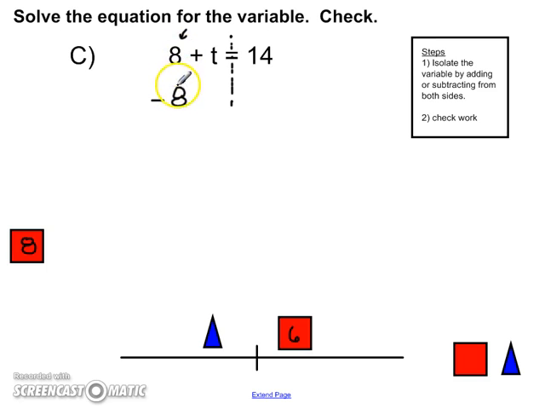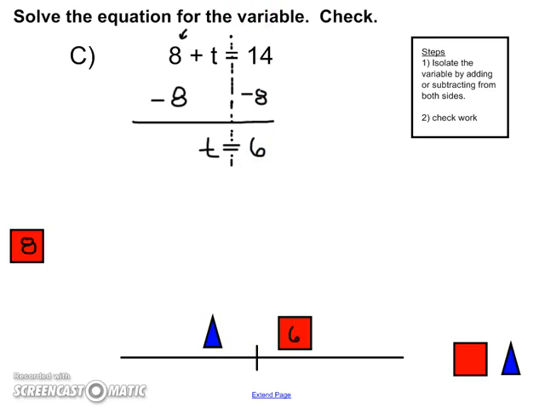We are going to literally go 8 minus 8, but we're going to do it from both sides of the equation so my little balance doesn't tip. Well, if I go 8 minus 8, those cancel out. My t is left on this side of my equation. I'm going to bring my equal sign down. 14 minus 8 is 6. So you'll notice t equals 6.